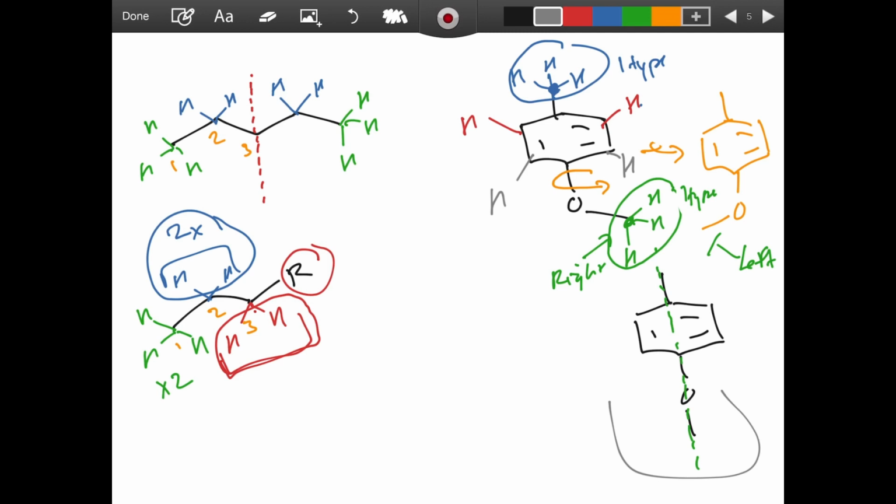No, because the red hydrogen is on a carbon that's beside a carbon that is bonded to a methyl group or another carbon, while the gray hydrogen is on a carbon that's bonded to a carbon that's got an oxygen on it. So the red hydrogen and the gray hydrogen are different because they are not, again, in the exact same environment. So the environment changes as you walk down the chain.